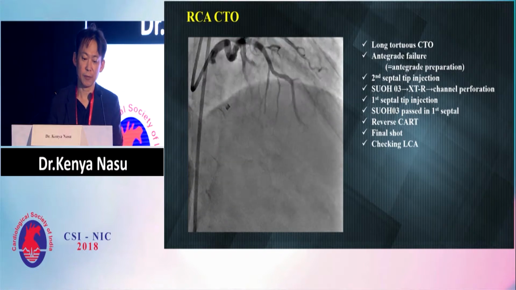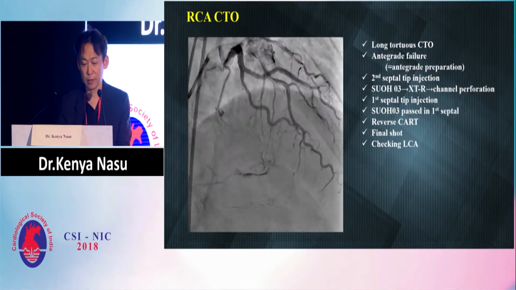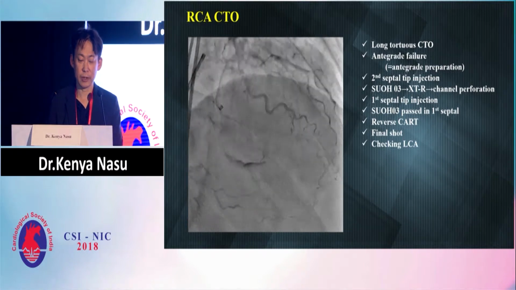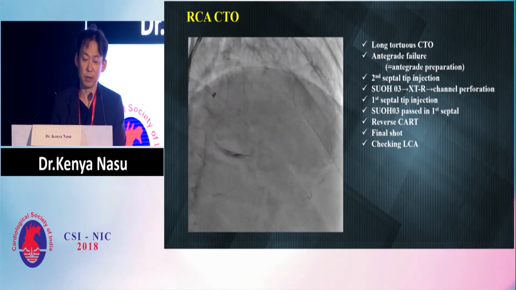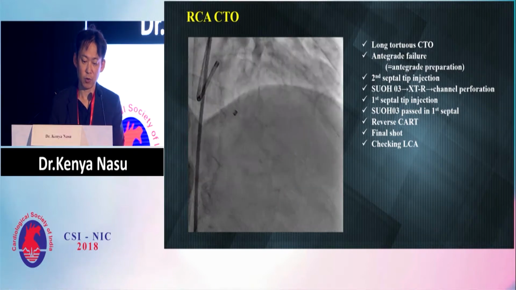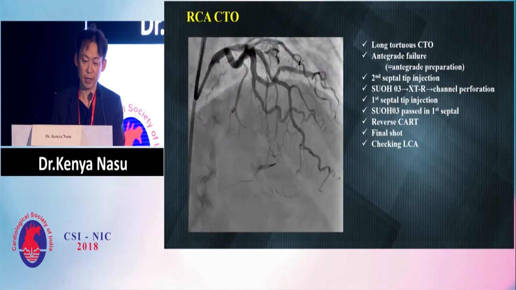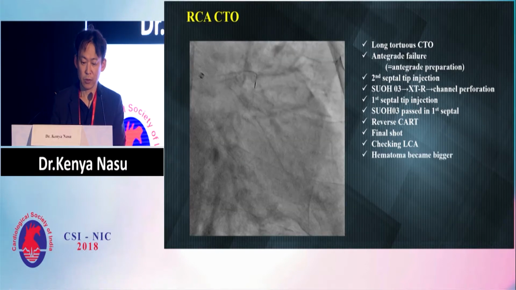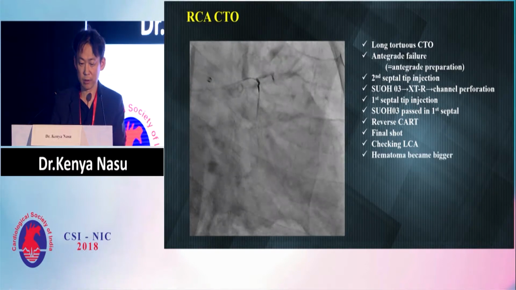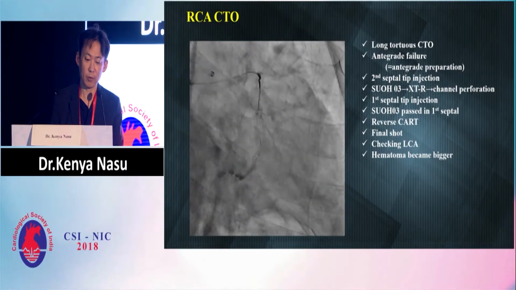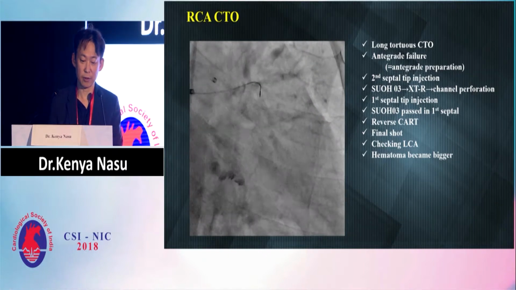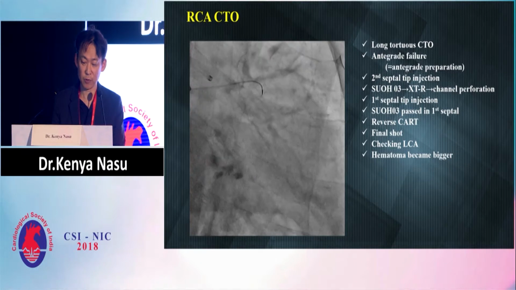But before finishing the case, I checked the left coronary system again. You can see the hematoma has become a little bit bigger than before. With this kind of bigger hematoma, we need some hemostasis procedure.